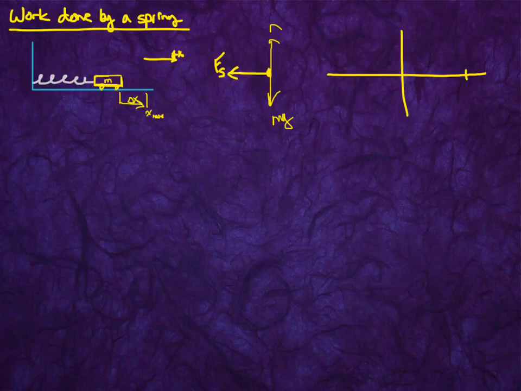So if this out here is our x max, the force at x max is actually going to be negative, in the opposite direction to our displacement.